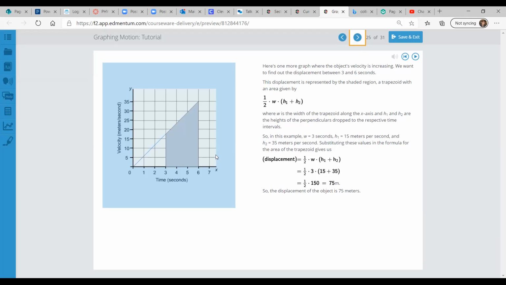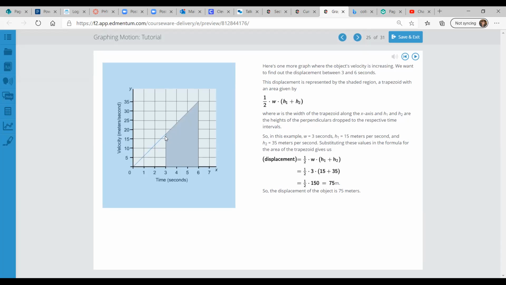And you can also further break it down, whatever makes it easier for you. This is a trapezoid. And if you remember the equation for a trapezoid, this is it. But you can also break this into 2 other shapes.